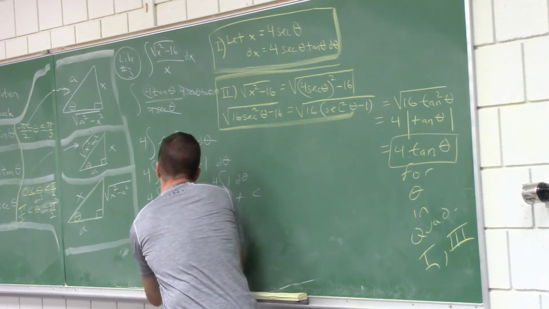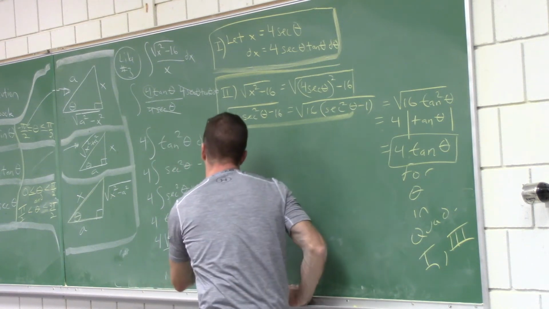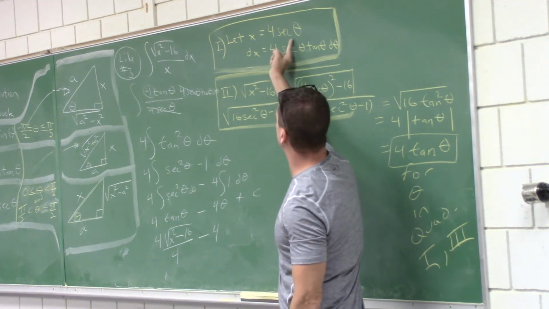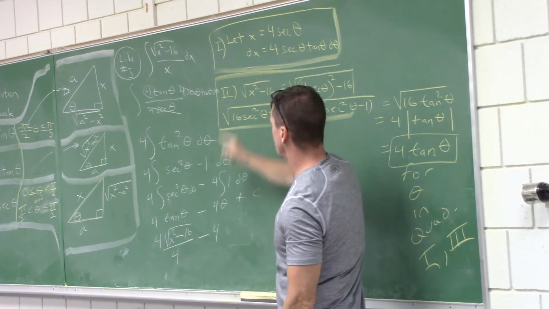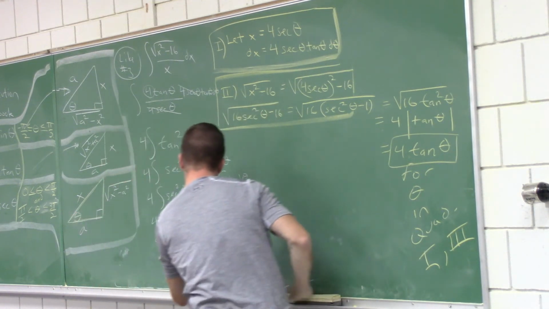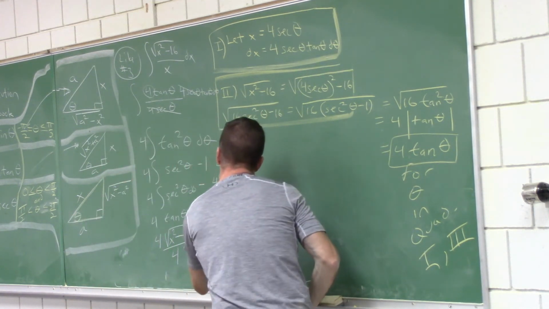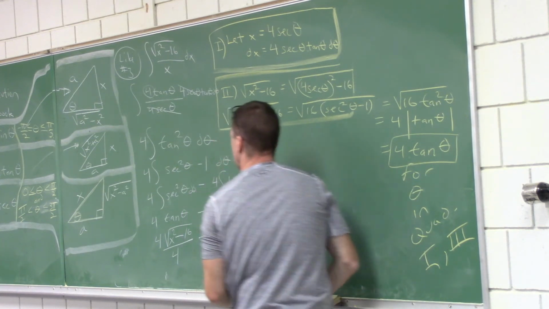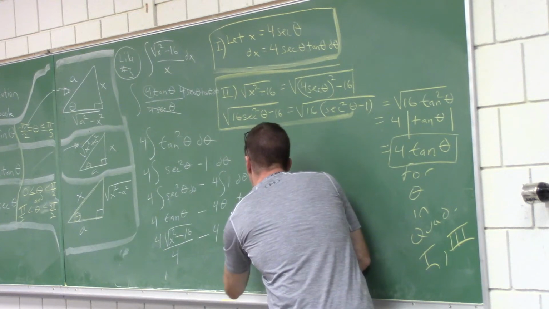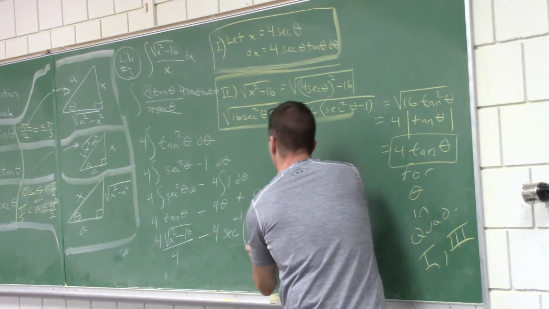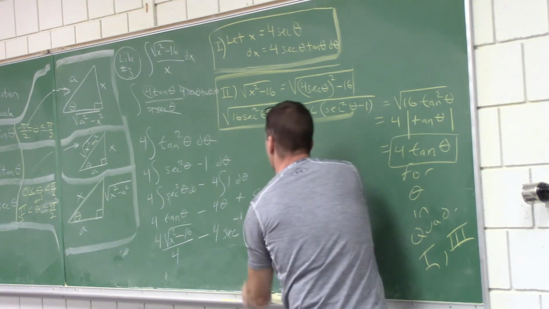All right. Now this. I'm going to have to use an inverse trig function, so I'm going to rewrite theta as inverse secant, or arc secant, of x over a. And what was the a? 4.